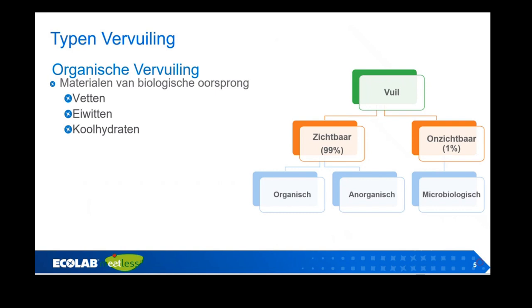Organic is everything that is natural, like fats, proteins, and carbohydrates. So here in meatless you don't have fats. You also don't have proteins. So here at meatless you have carbohydrates. So that is organic dirt.